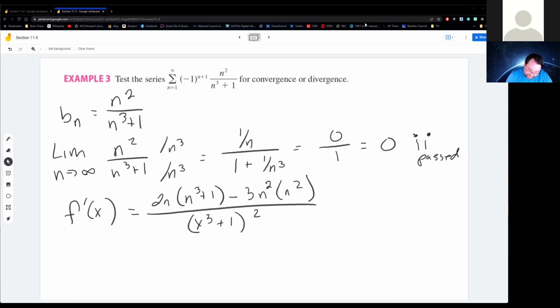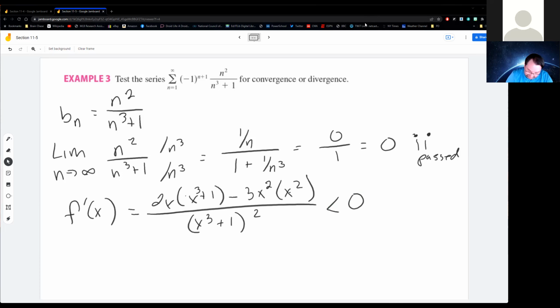Oh, I should have changed all those to x's. X. And this has got to be less than 0. So the numerator is the only thing that matters because the denominator can never be negative.